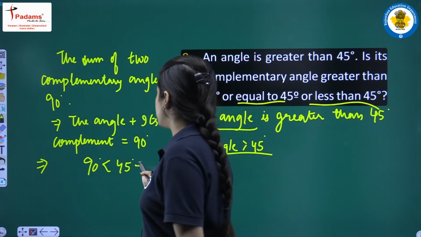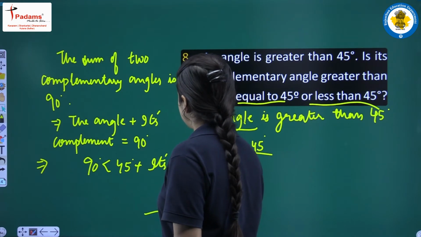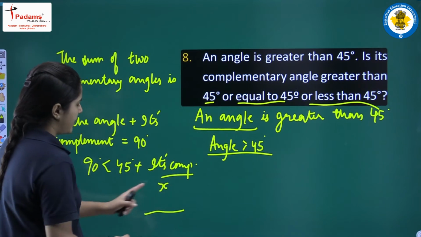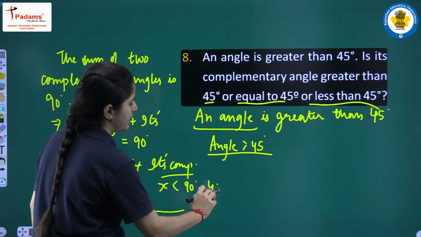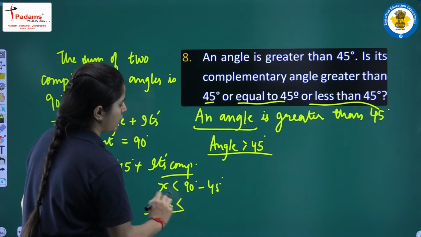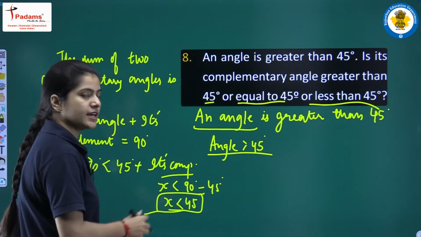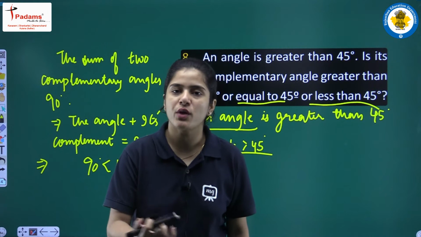So basically it is the angle plus its complement, right? So students, its complement, let it be x, will always be less than 90 minus 45 degrees. So it means that the complementary angle will always be less than 45 degrees. Okay, so it is very simple, very easy. All you need to do is practice at your home.